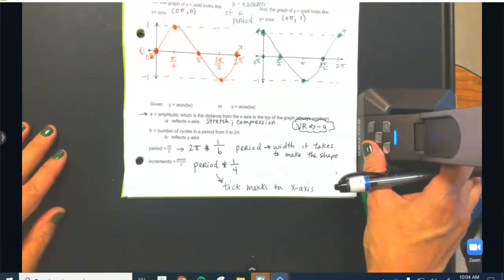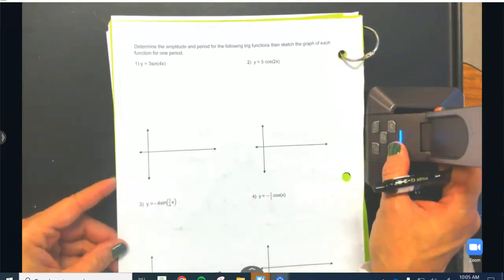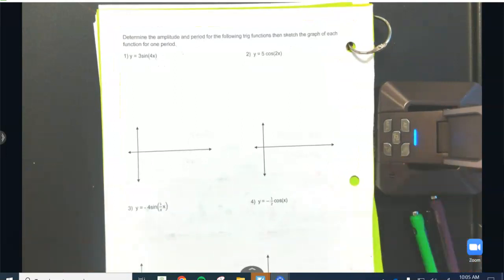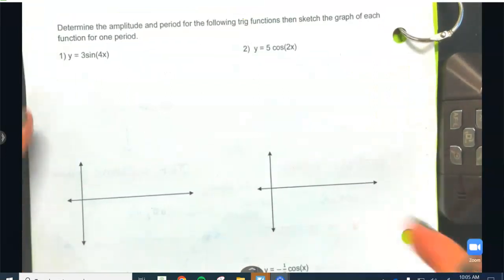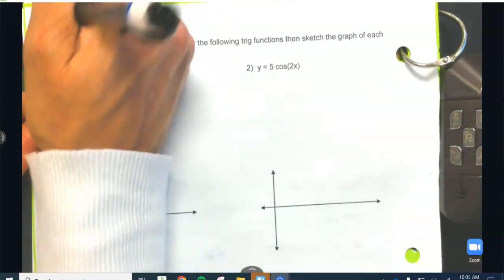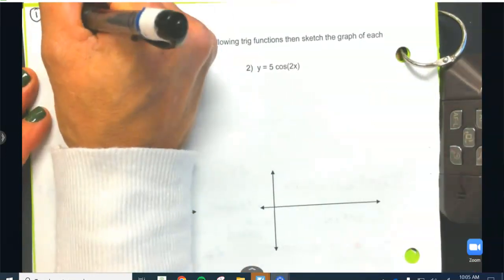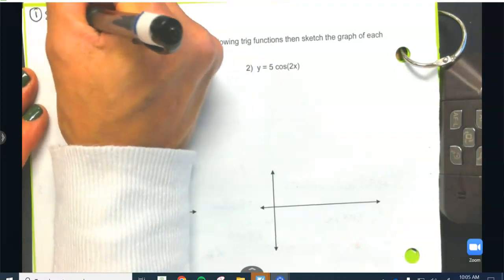Okay. Let's turn the page and start graphing this stuff with more numbers on it. All right. At the top of the paper, guys, I'm going to write steps for you that are always the same. You're always going to use these steps. Step 1 is to find where it starts.